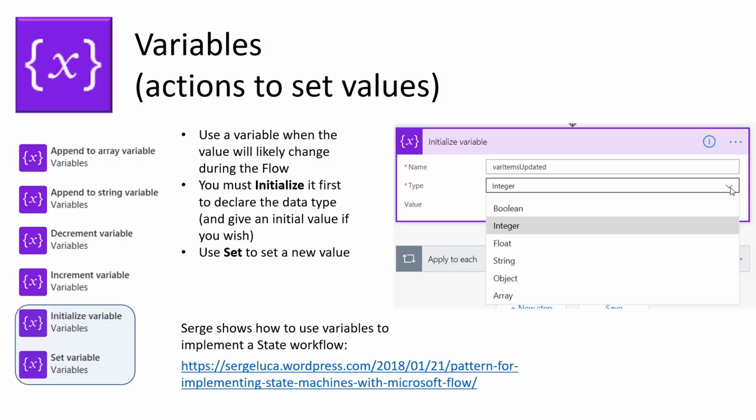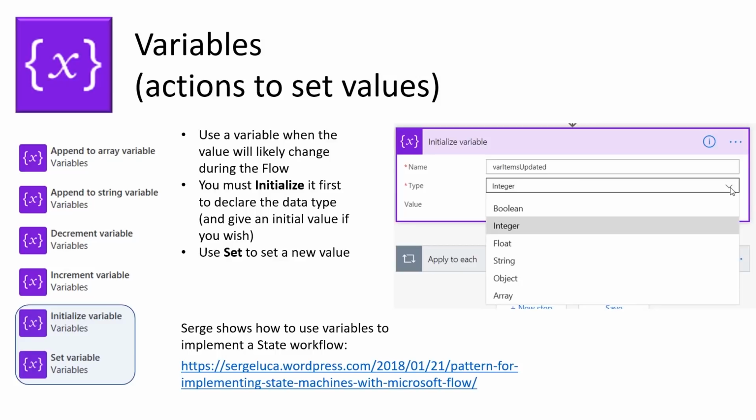You would always have to initialize a variable first, so use the initialize variable action, and that basically declares what type of data it's going to be. You see you've got choices like Boolean, integer, string, array. Your variable can be any of those things, and you can set an initial value for it if you care to also.